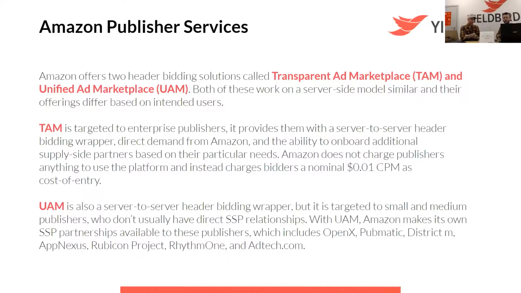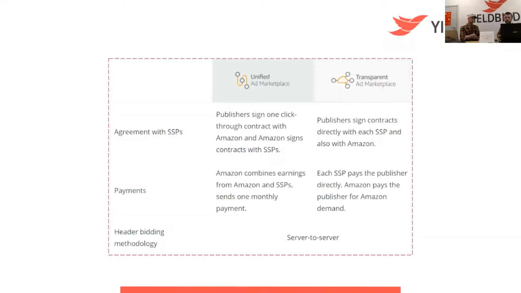You're getting a wrapper from Amazon. They are choosing the demand. Of course, the demand is in part similar to the one on client side or on open bidding, but there is also a part of Amazon's own demand, because they are running their own ads through it. For some geos it's huge, for some geos it's smaller, but it's relevant. And on some publishers it's creating around 5 to 10% incremental revenue.